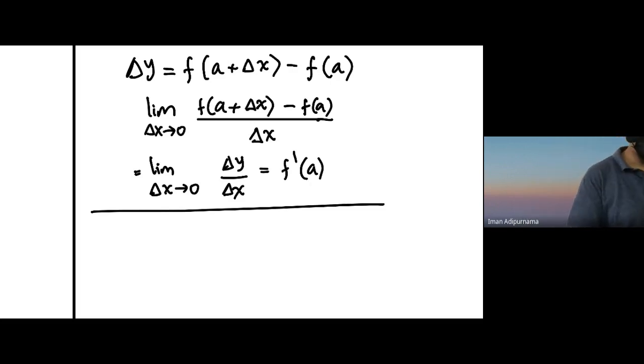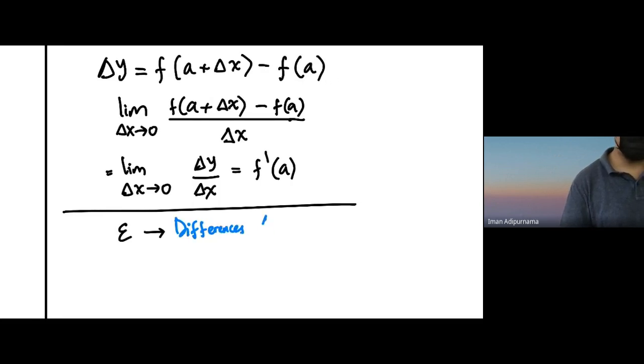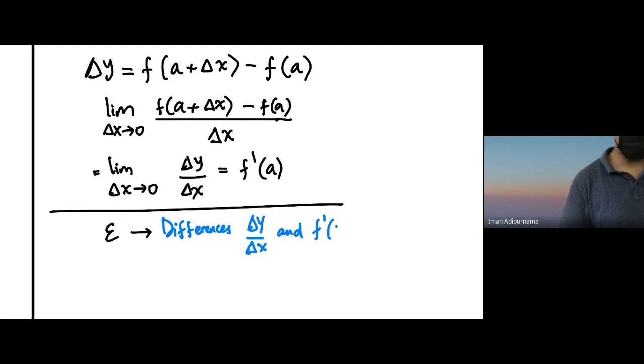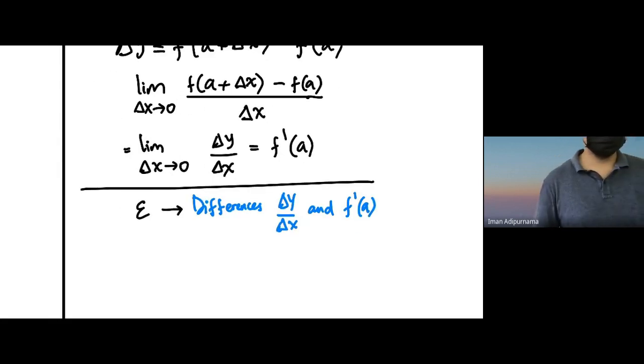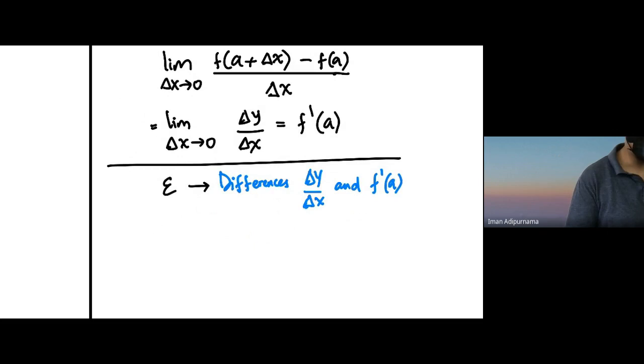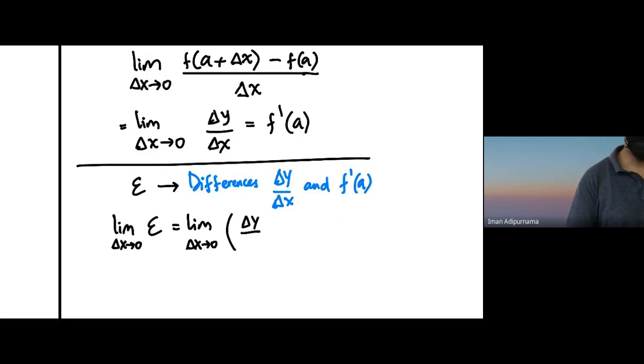Okay. So we can use, let's say, epsilon. This will be the difference between delta y over delta x and f prime. And we take the limit of this epsilon as delta x goes closer to 0, of delta y over delta x minus f prime.